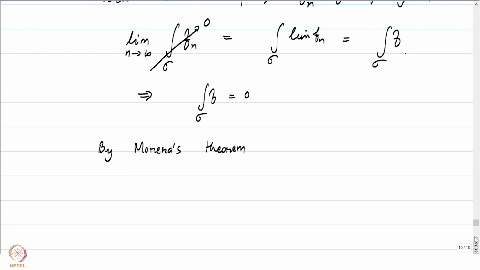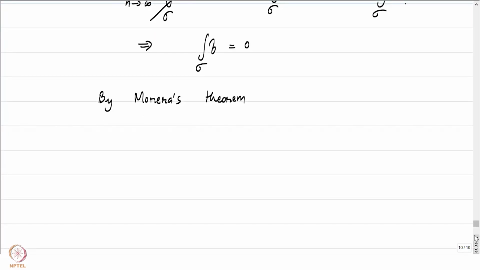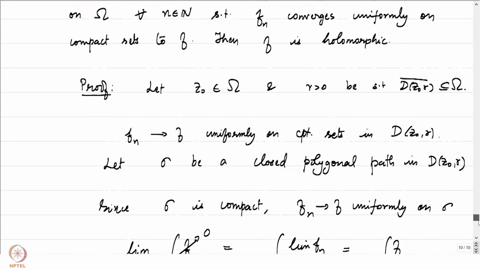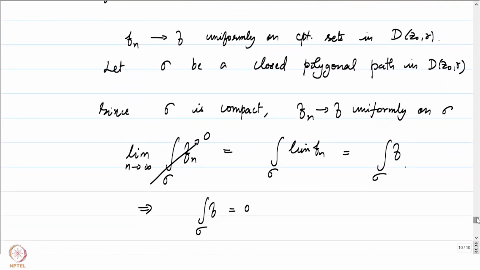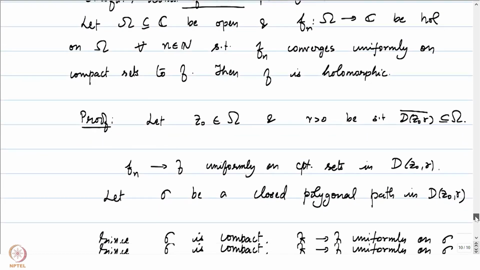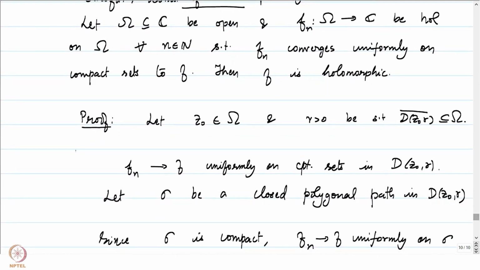since f is satisfying the condition that its integral is zero, oh yes, before I say any of these things, since fn converges to f uniformly on compacts, f is going to be continuous.